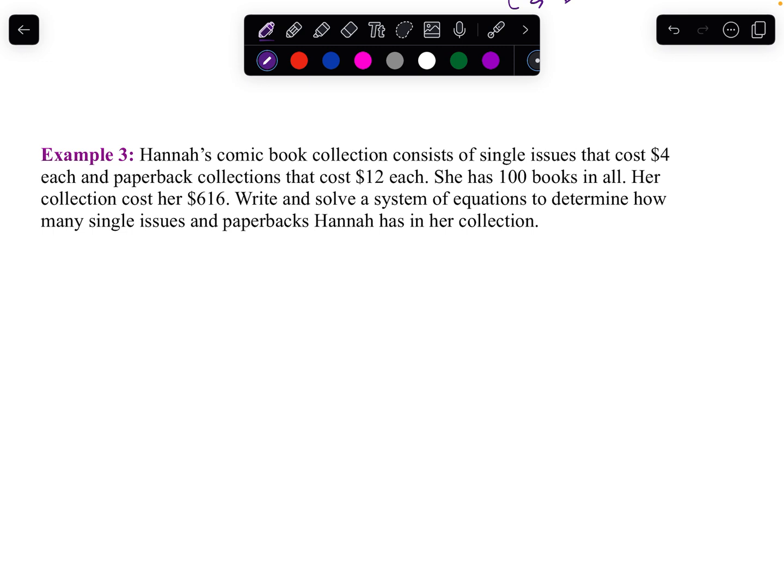Write and solve a system of equations to determine how many single issues and paperbacks she has in her collection. So first let's write our let statement. I'm going to let X be the number of single issues. I'll let Y be the number of paperbacks.